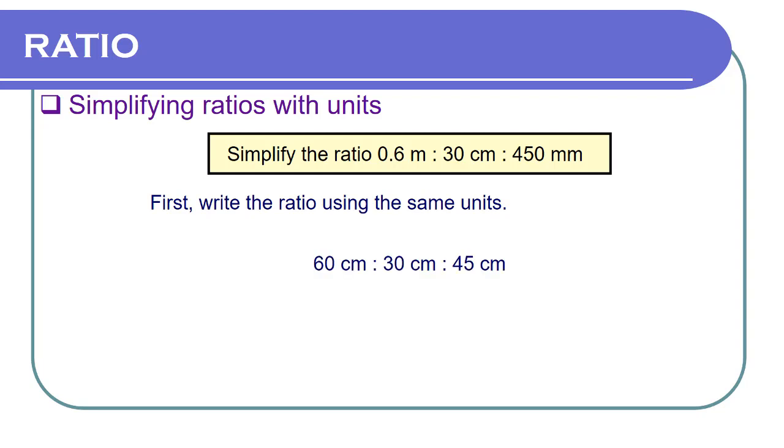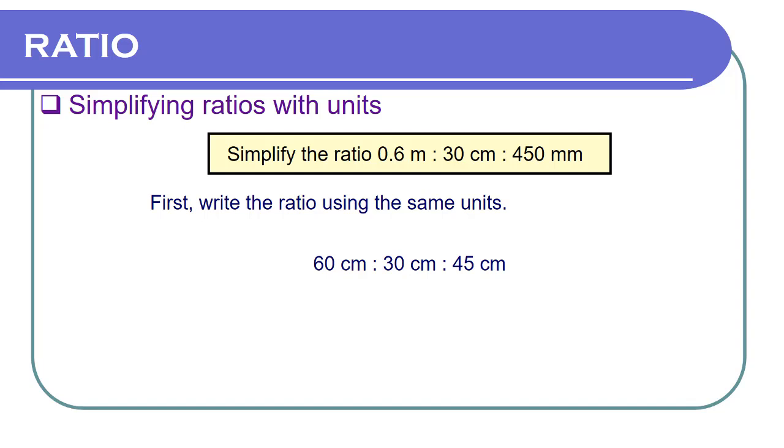For example, we change into centimeters, so we have the ratio 60 centimeters to 30 centimeters to 45 centimeters. After the units are equal, we need to divide by the greatest common factor.